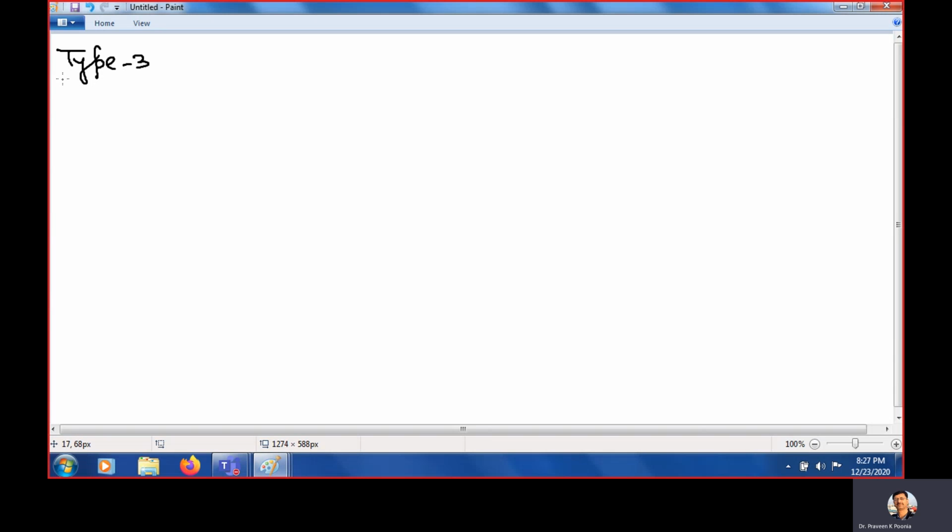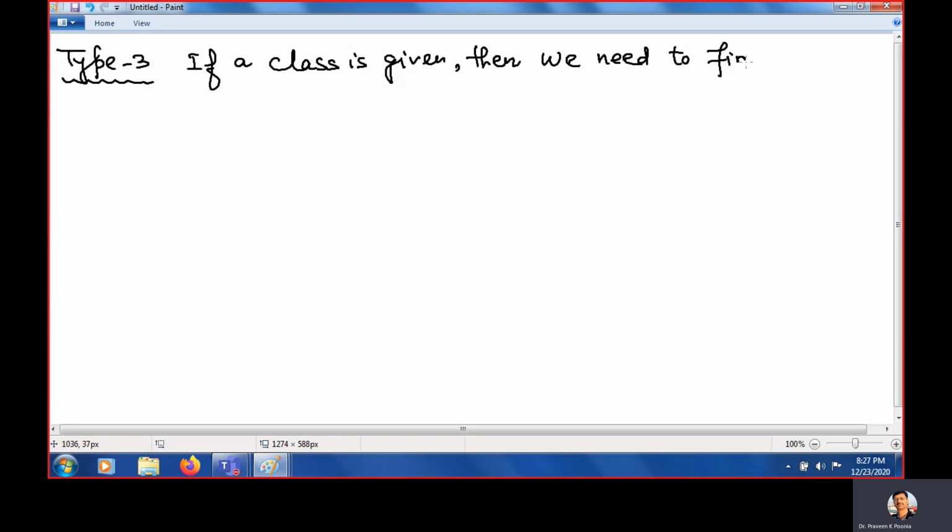Type 3 question means whenever you are given a class, then what we need to find? Then we need to find x mid. Clear? And then use the formula for standard deviation.